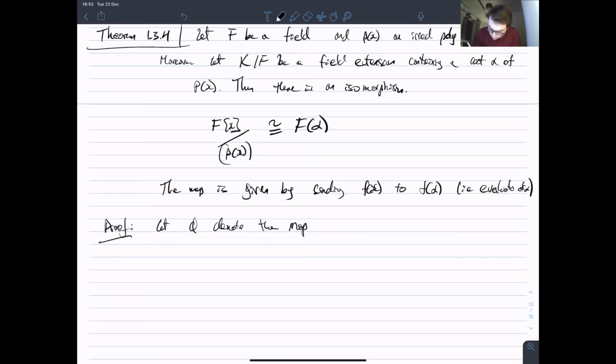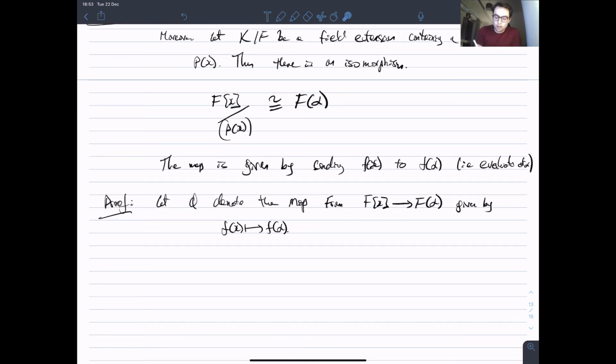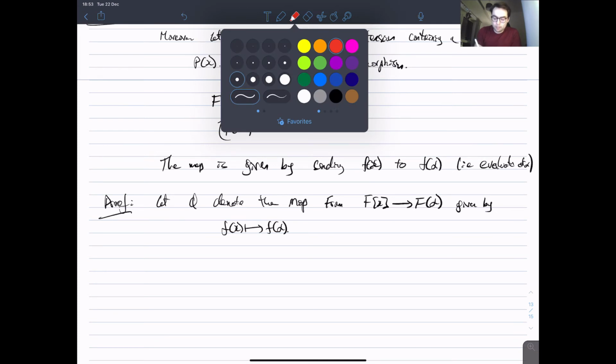The map from F[X] to F(alpha) given by a polynomial gets sent to the evaluation at alpha. So this is a map starting from my polynomial ring. I've given this a name.